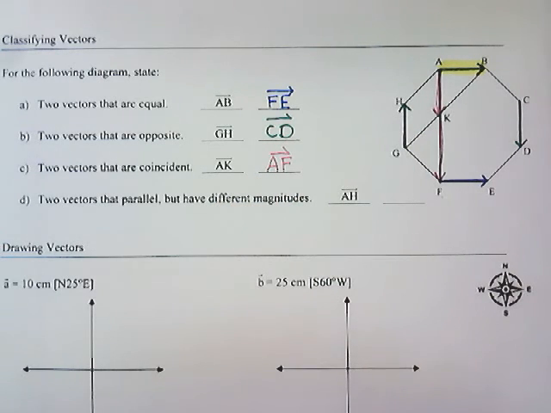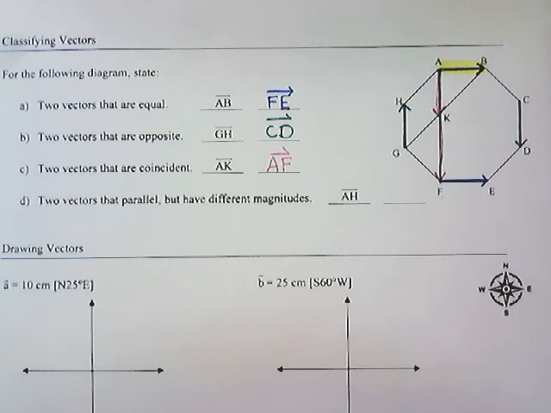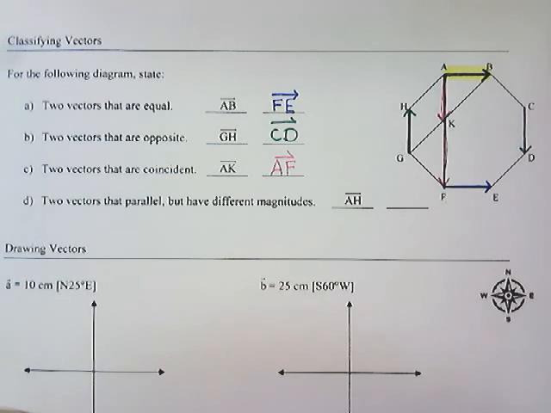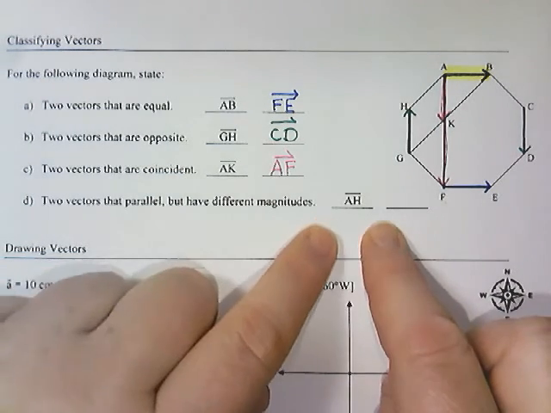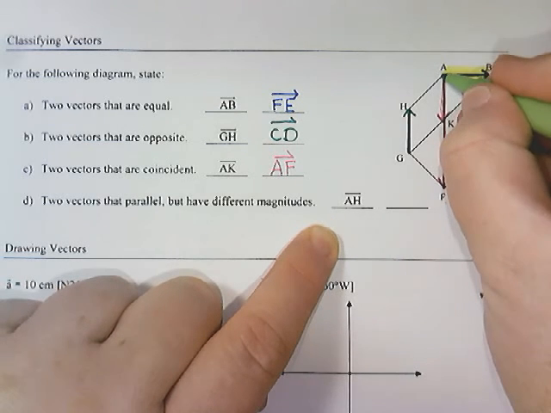All right, our last one here says two vectors that are parallel but have different magnitudes. So parallel means that they have either the same direction or they're going in opposite directions, and different magnitudes means they are not the same length. So we are starting with AH.